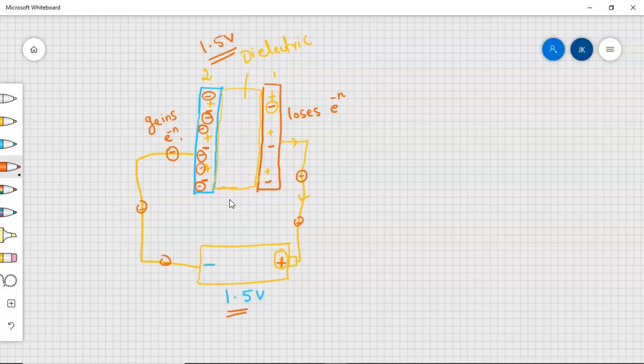Now the capacitor is fully charged. Plate number 2 becomes a net negatively charged plate, and plate number 1 becomes a net positively charged plate.